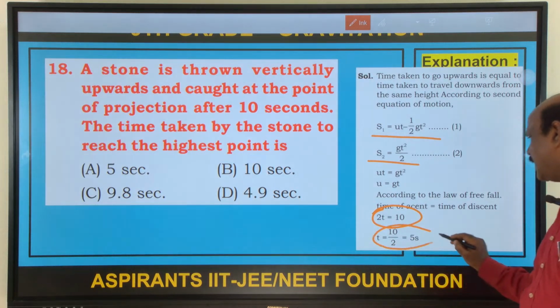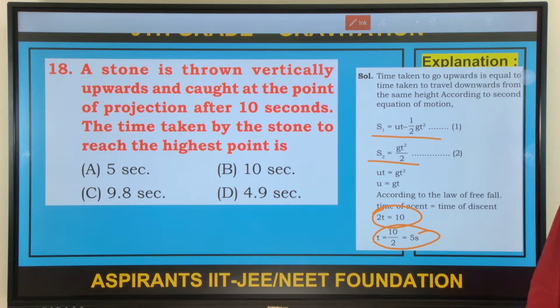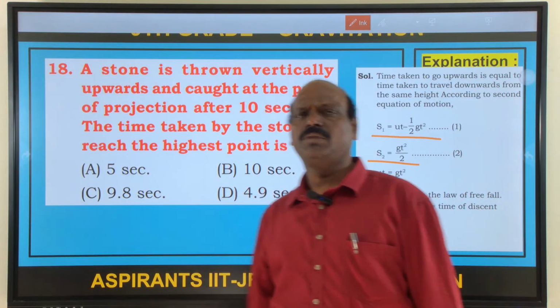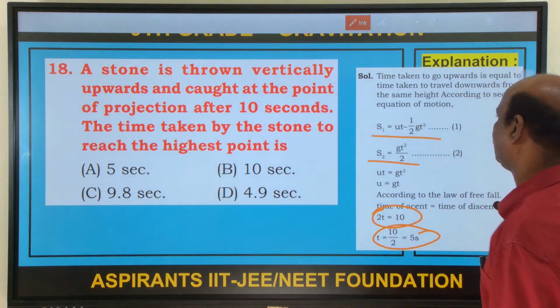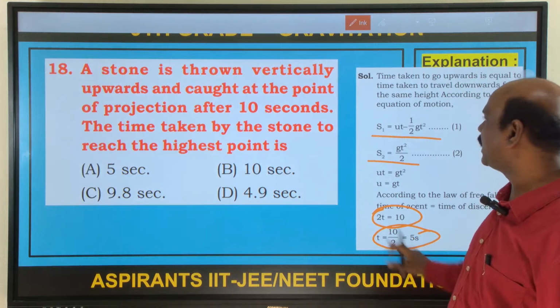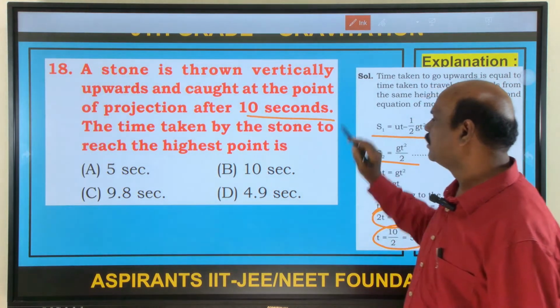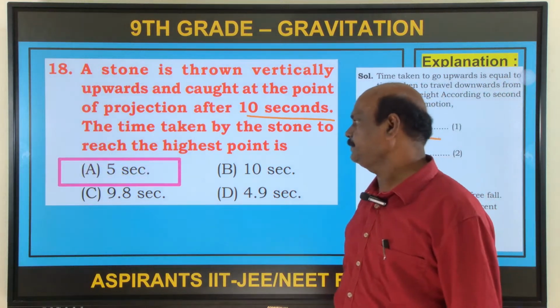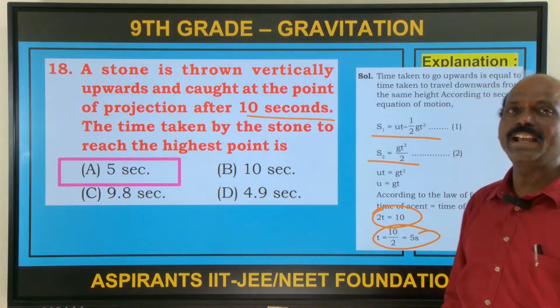So the time for the highest point is 5 seconds. Why? Because the time of ascent is equal to the time of descent, and the total time is 10 seconds. So the answer will be 5 seconds.